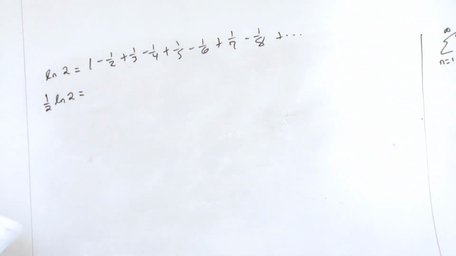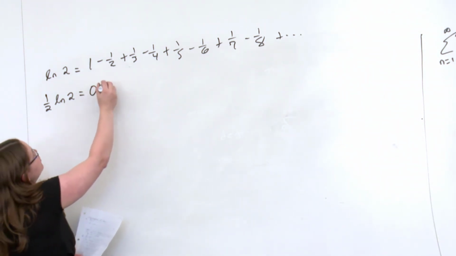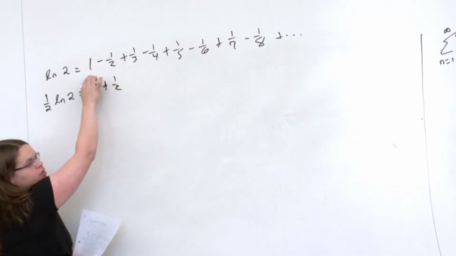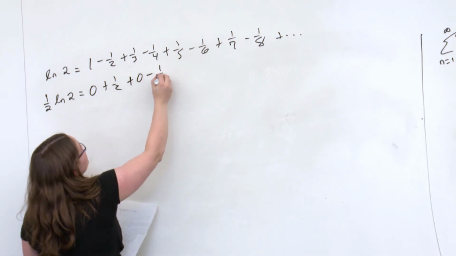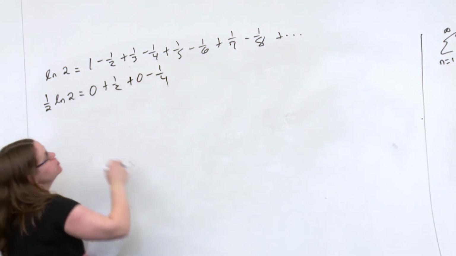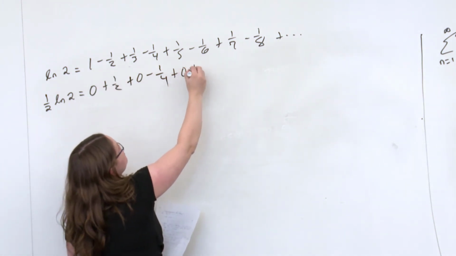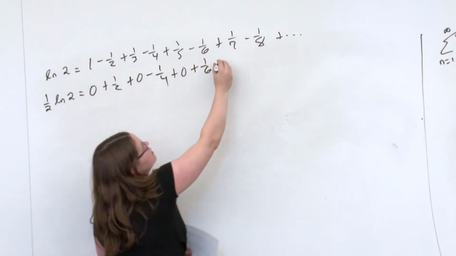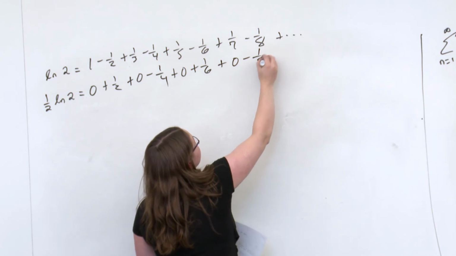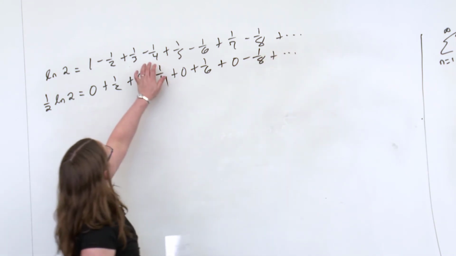And I'm going to stick some zeros in between. So 0 plus a half, so I've divided this term by 2, plus 0 minus a quarter, so I've divided this term by 2, plus 0 plus a sixth. This term has been divided by 2. Plus 0 minus an eighth. All right, this term is divided by 2.